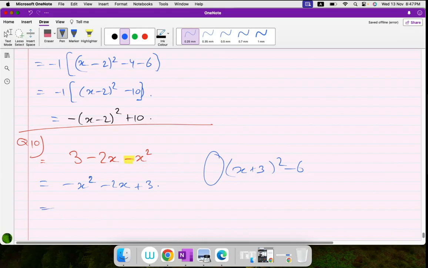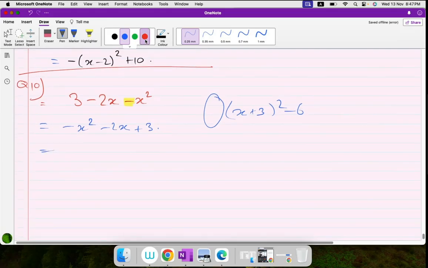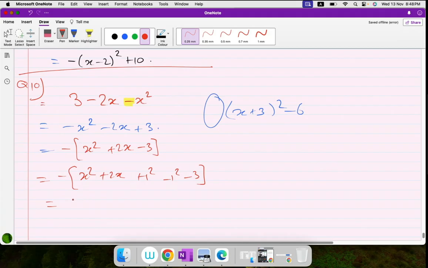See, first step rearranging. Now the next step is to make the coefficient of x square 1. Yes, sir. And now the steps: plus 2x plus 1 square minus 1 square minus 3. x plus 1 whole square minus 1 minus 3, minus.